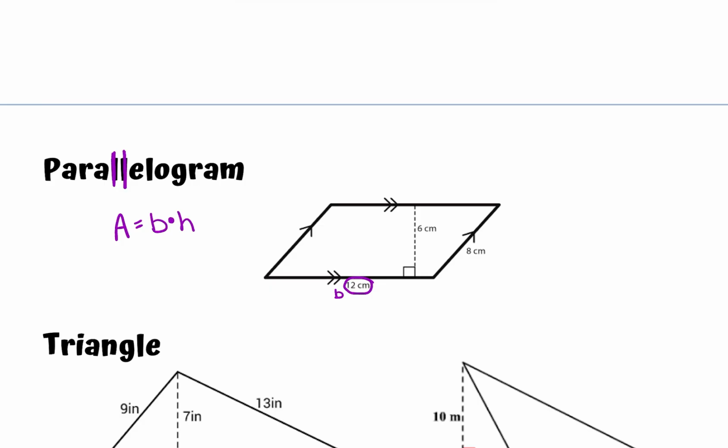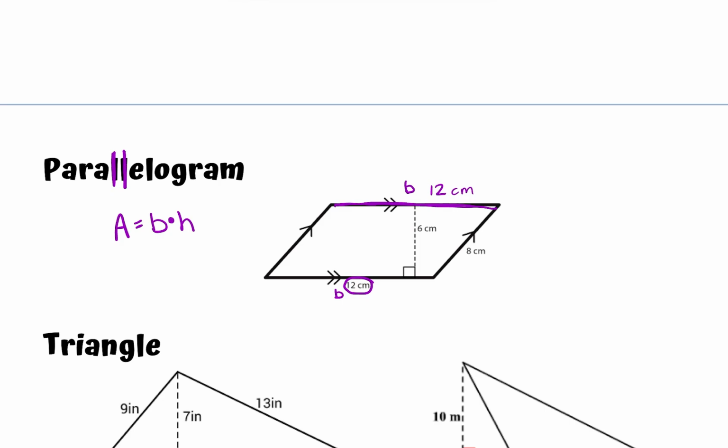And I'm going to label that. Also, if I go directly across from that, that top could also technically be a base because those are going to be the same. So that would also be 12 centimeters. All right. The next thing I need to talk to you about is the height. Notice we have a number here and a number here. A trick for height, okay?